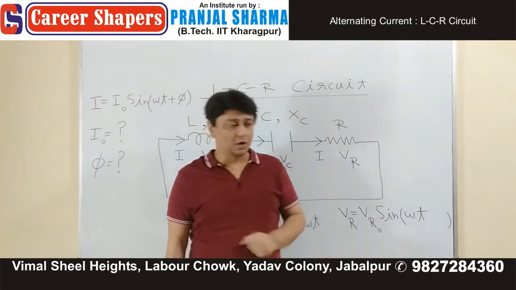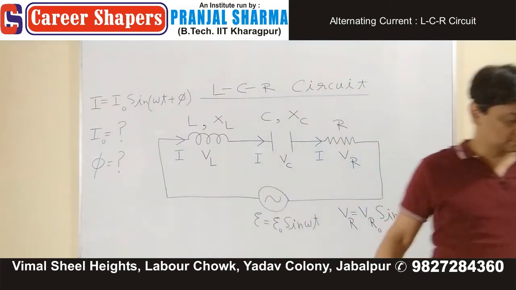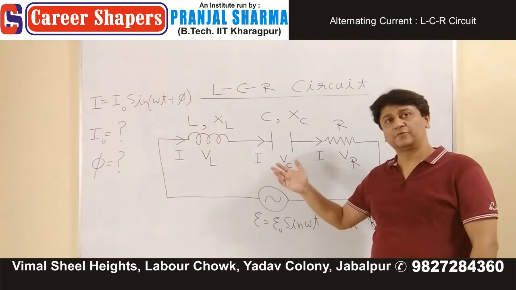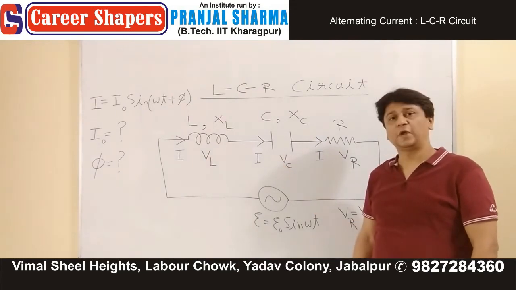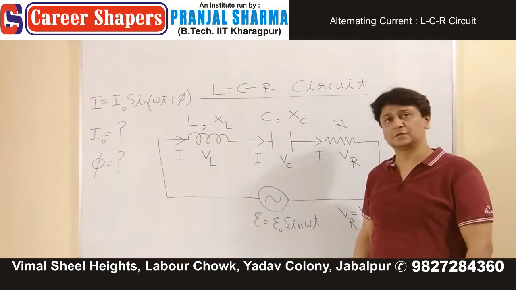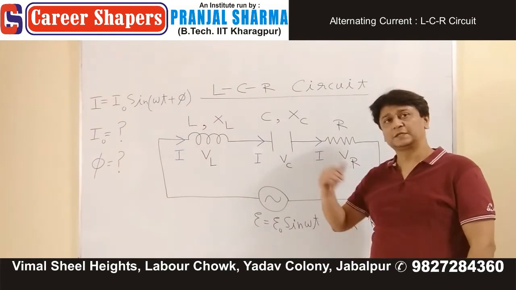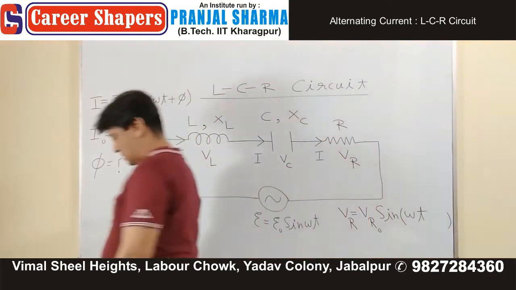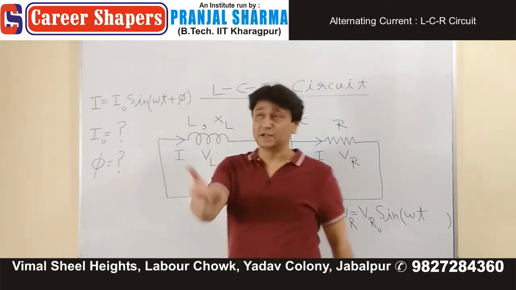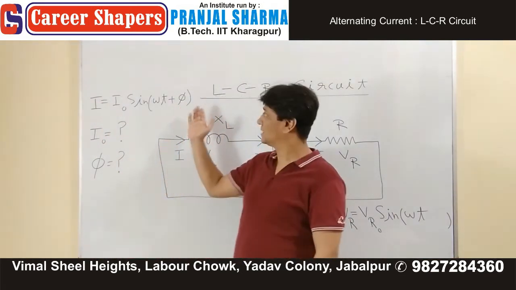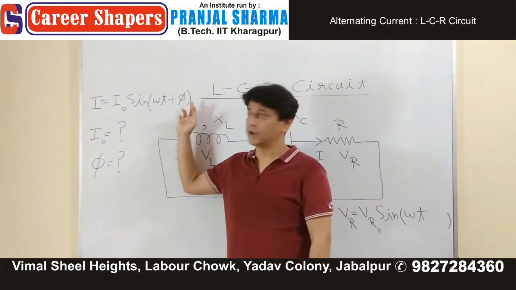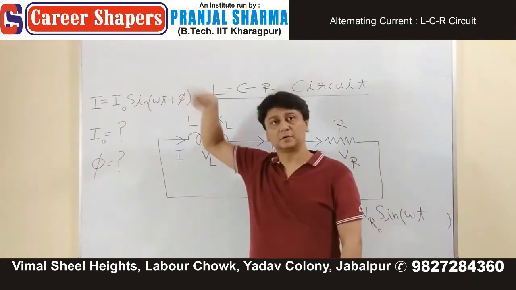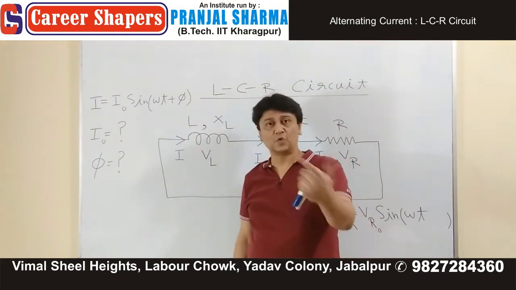The statement with pure resistors was that the phase of current and phase of potential difference is the same for a resistor. And you just answered this a while back when I asked you what's the value of phi if you have only R present, and you answered that phi is 0.